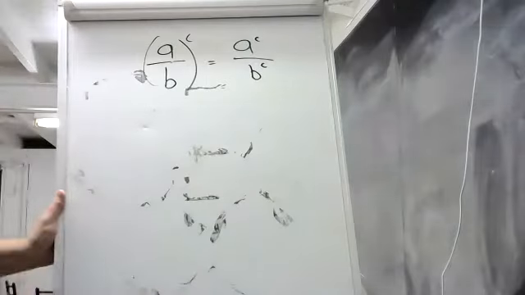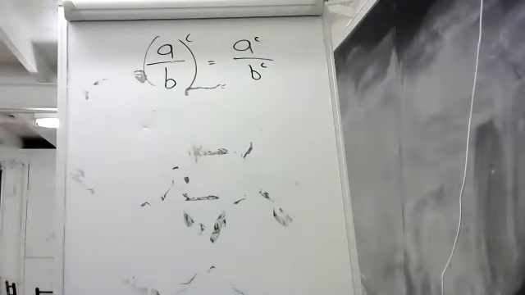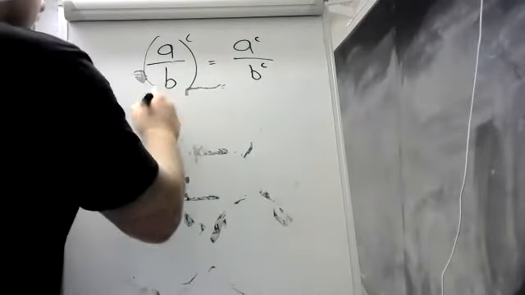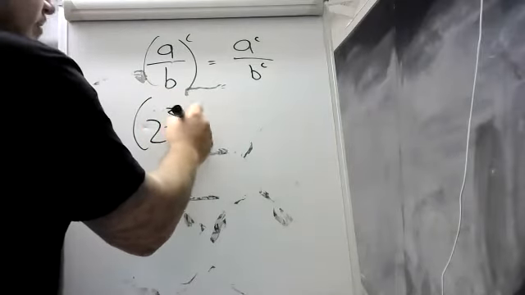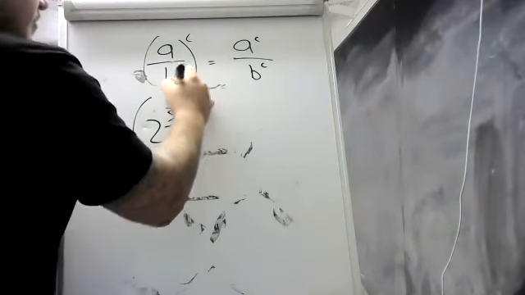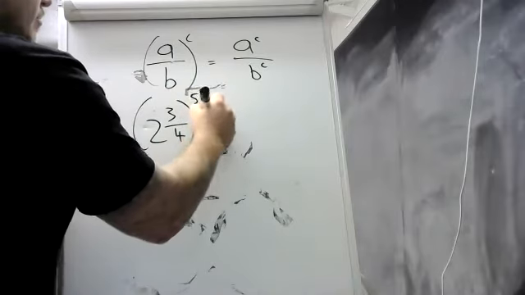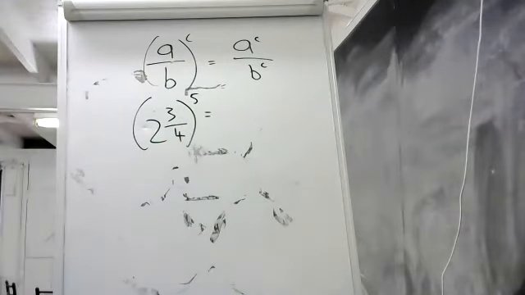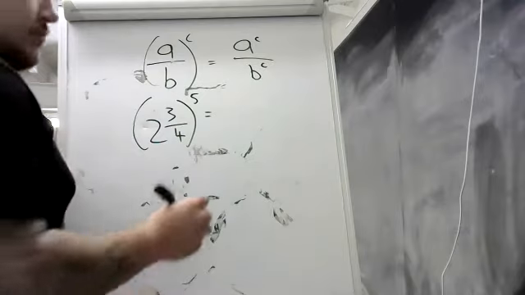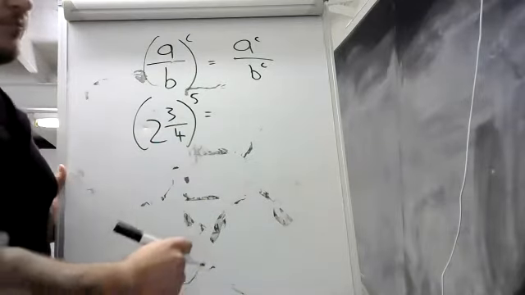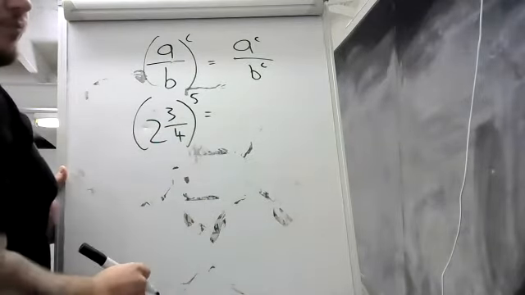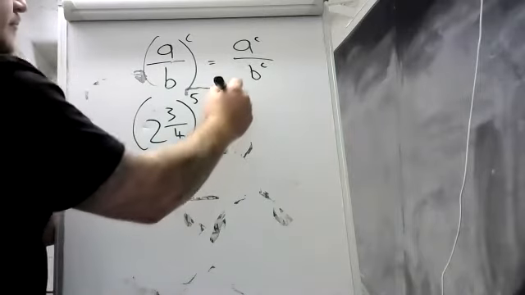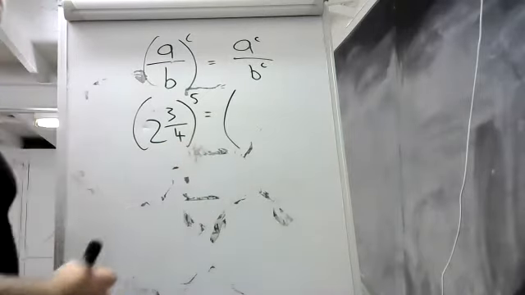If we were to put that into numbers, we have 3 over 4 to the power of 5. What would that equal? 3 to the power of 5 over 4 to the power of 5. I don't know what that is off the top of my head. 3 cubed is 27.